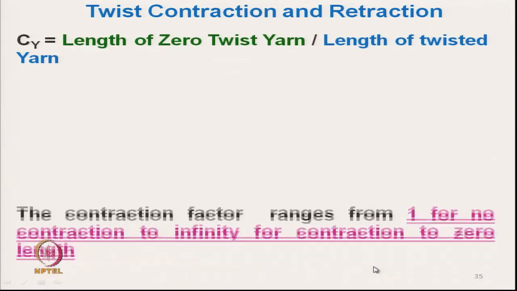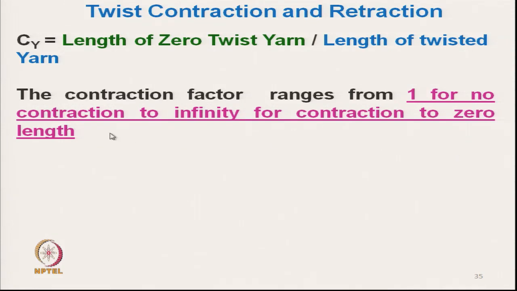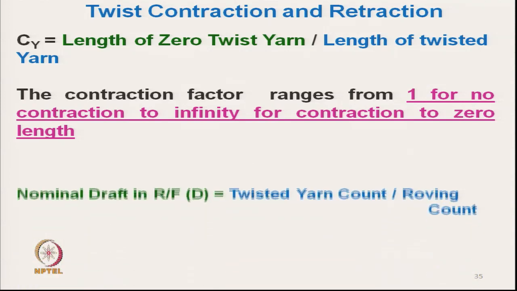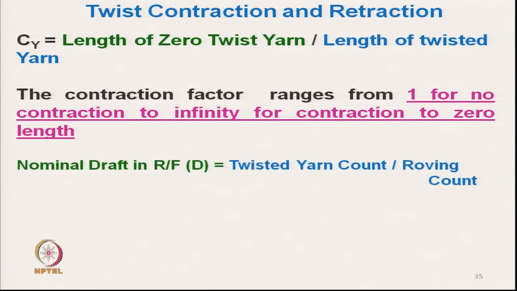So, the range of contraction factor is from 1 to infinity. So, it starts from 1 when there is no contraction, and the setting of draft in the ring frame is that the nominal draft in the ring frame is twisted yarn count by roving count.